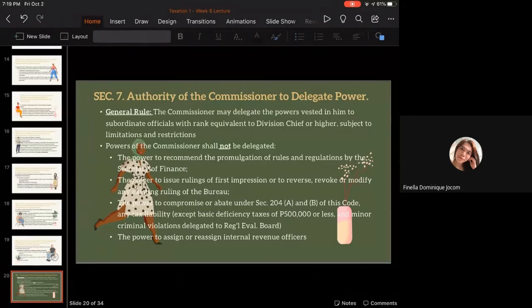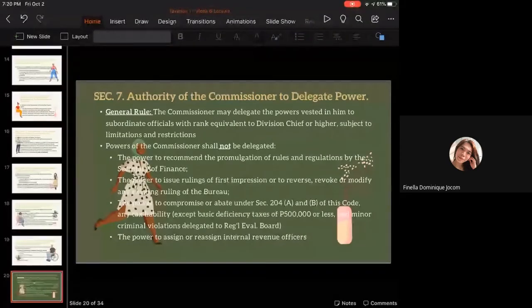The power to recommend promulgation of rules and regulations to the Secretary of Finance, the power to issue rulings of first impression and to reverse such ruling, the power to compromise or abate, except if the deficiency tax is 500,000 or less, and if it involves minor criminal violations, then it can be delegated to the regional evaluation board, and also the power to assign or reassign internal revenue officers. So these are the powers of the commissioner which cannot be delegated.